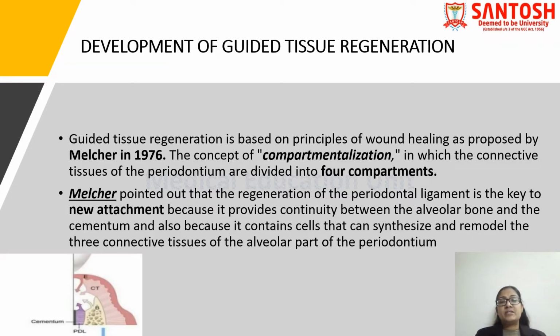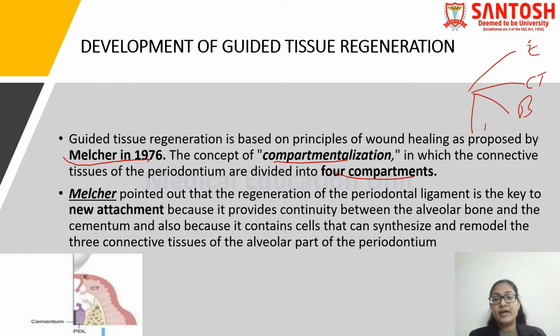So what basically is this GTR? Now GTR, as I told you, works on Melcher's principle of compartmentalization, which had four compartments. Remember the four compartments, 1, 2, 3, and 4. First one being epithelium, second connective tissue, third your bone, and fourth your periodontal ligament compartment. What Melcher suggested was, out of all the four compartments, it is the periodontal ligament which is the key to new attachment.